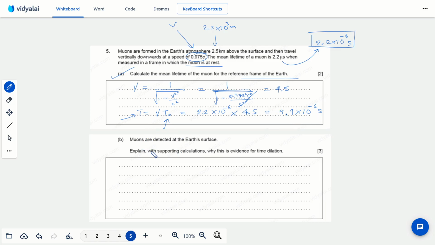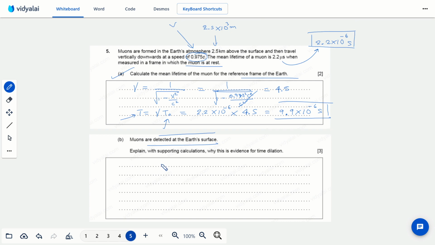Okay, so in part B, we have to show that this serves as evidence for time dilation. And there is also this fact that's given here. Muons are detected at the Earth's surface. We need to show that this is only true if time dilation occurs. So let's try to find out the time that's required for these muons to travel this distance of 2.5 kilometers.